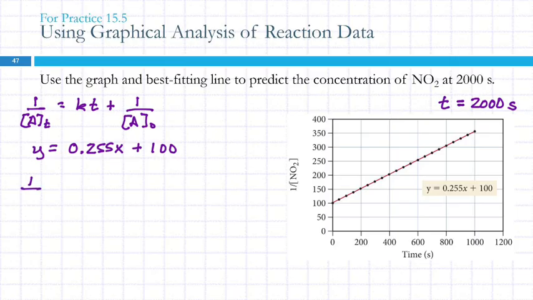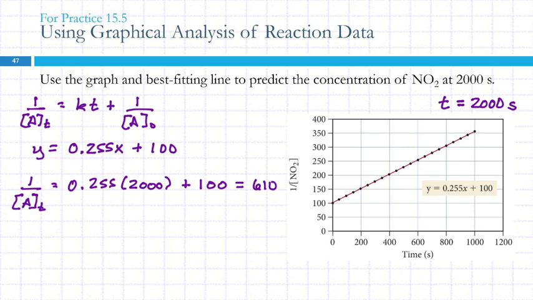So 1 over the concentration at 2,000 seconds is 0.255 times 2,000 plus 100. And so we can do that on the calculator, the more old-fashioned way. 0.255 times 2,000 plus 100, and that's going to equal 610.